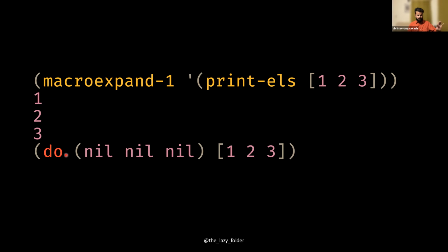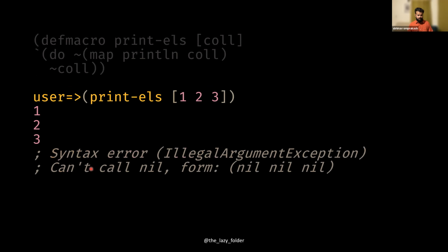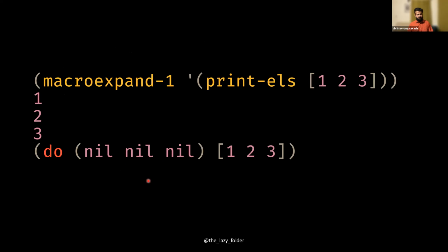That's not important, but let's look at the form. You get nil, nil, nil. It's a list of 3 elements with nil. Because Lisp tries to evaluate the first element as a function, and nil is not a function, there's an error. As you can see, it says can't call nil.